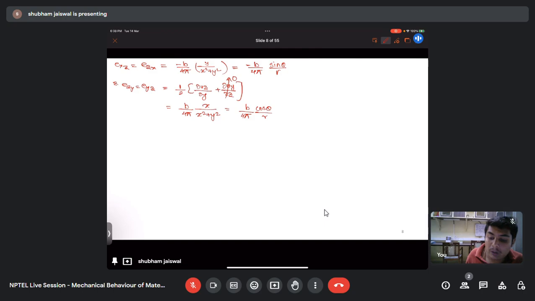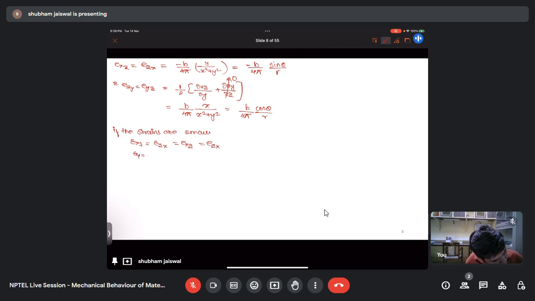Now if the engineering strains are very small, then we can say that these are equal to the true strain. So if the strains are small, epsilon xz equal to epsilon zx equal to exz equal to ezx.